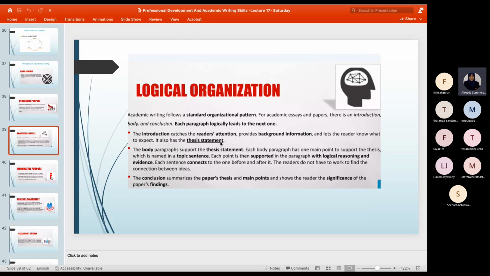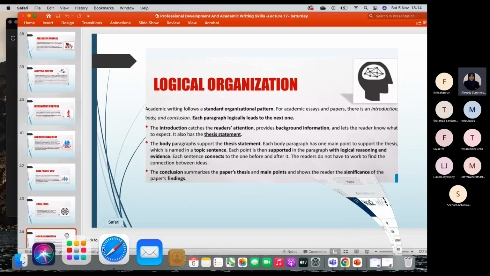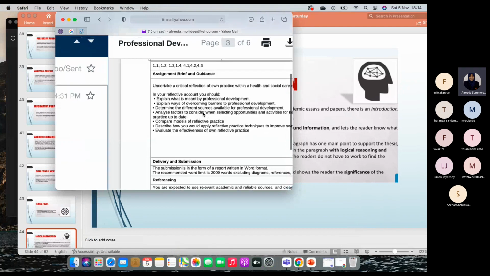Now, for example, I will go back to the question here again, and I will show you what I'm trying to say. If they are saying explain what is meant by professional development, yes, you give the introduction, what is professional development. You give an example of professional development in the healthcare sector. And then after that, you can say, in order to overcome barriers of professional development, and there is a link.